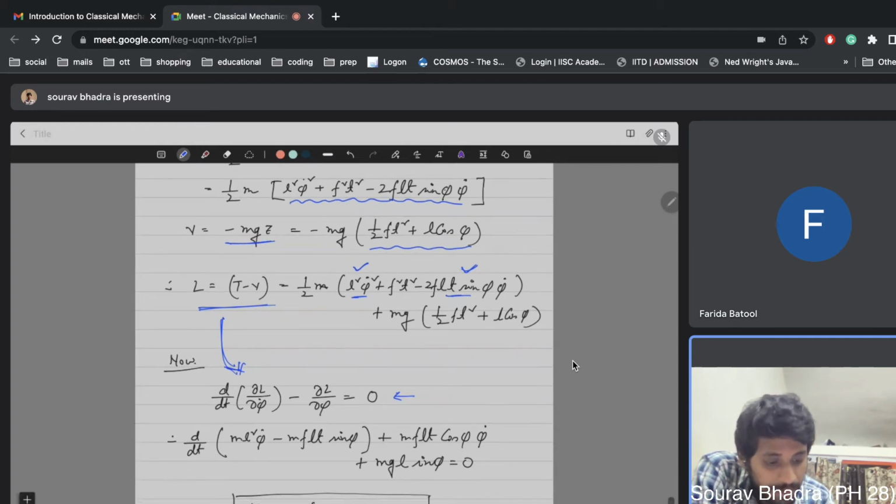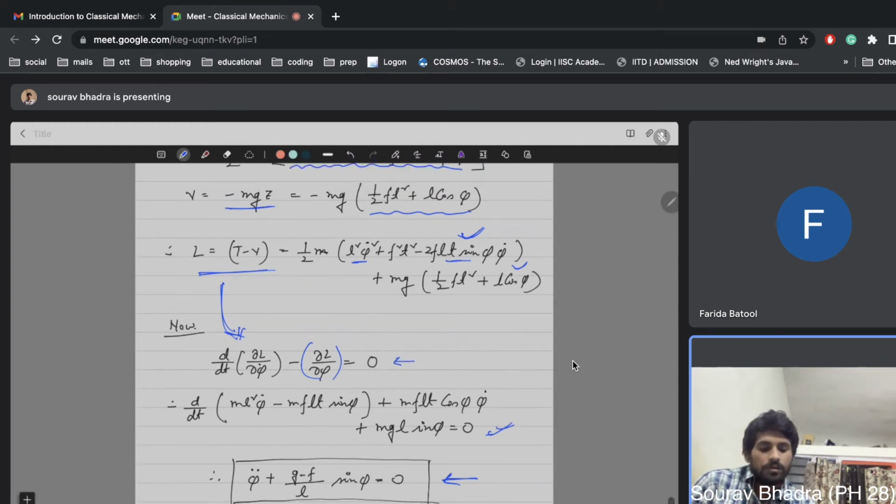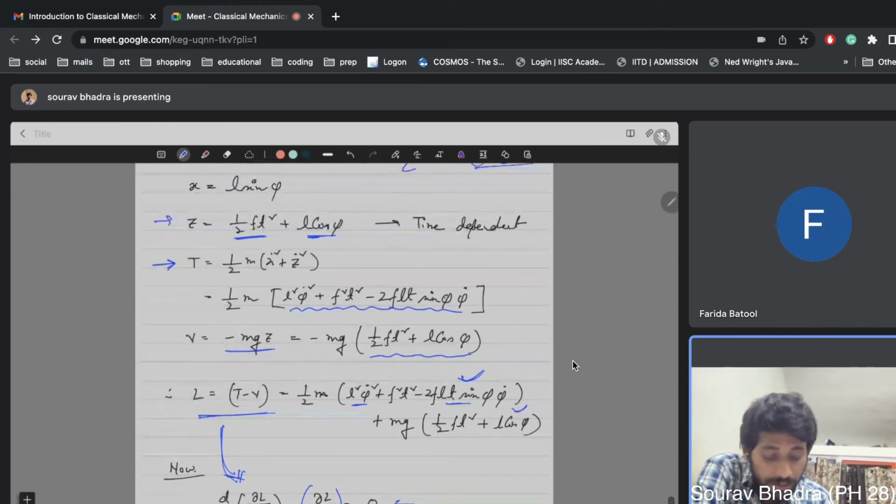The phi dependent terms are this one and this one, with cos phi here and sin phi here. That part will come into del L by del phi, and if you work it out you will get this result. So the final equation is phi double dot plus (g minus f) by L times sin phi equals 0.